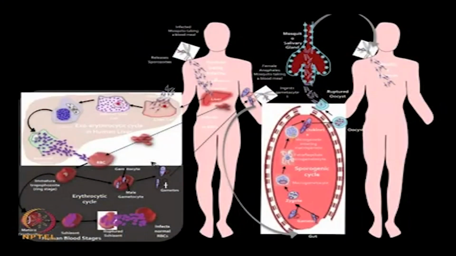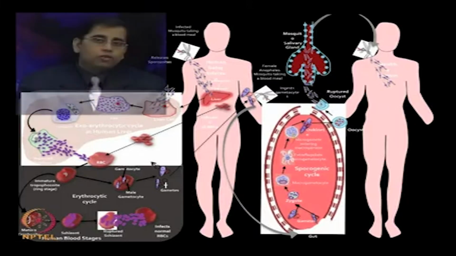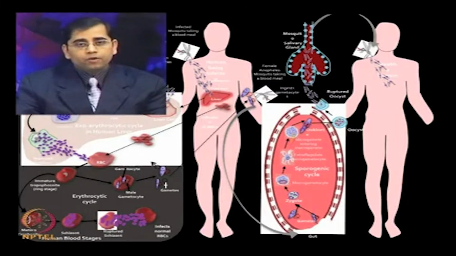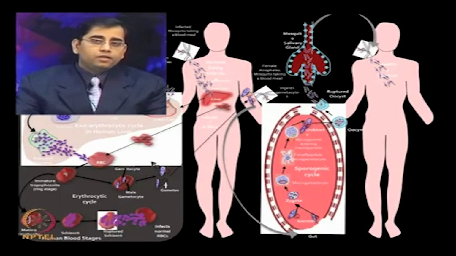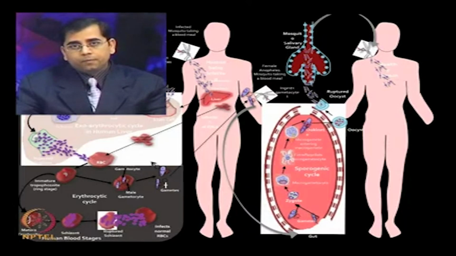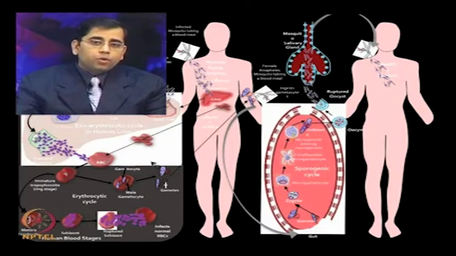The estimated annual number of clinical cases of vivax malaria ranges from 70 to 390 million, and that is actually outside of the African context. Now, P. vivax accounts for more than 50% of all malarial cases worldwide, but the morbidity associated with this infection and its spectrum of disease still remains neglected.